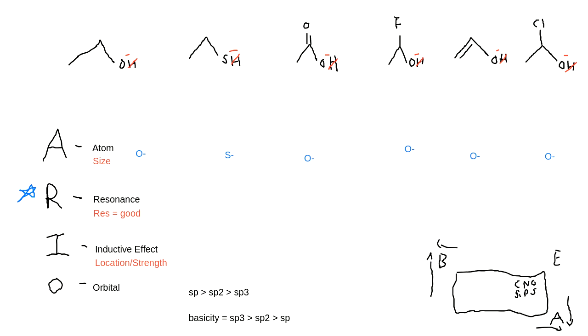For resonance, I'm just going to put a check mark where there is resonance. This one has resonance and this one has resonance. Everything else does not have resonance, okay? Any questions so far?